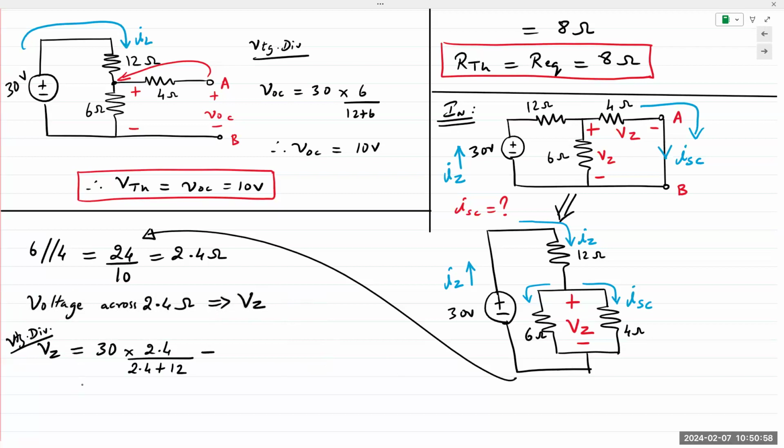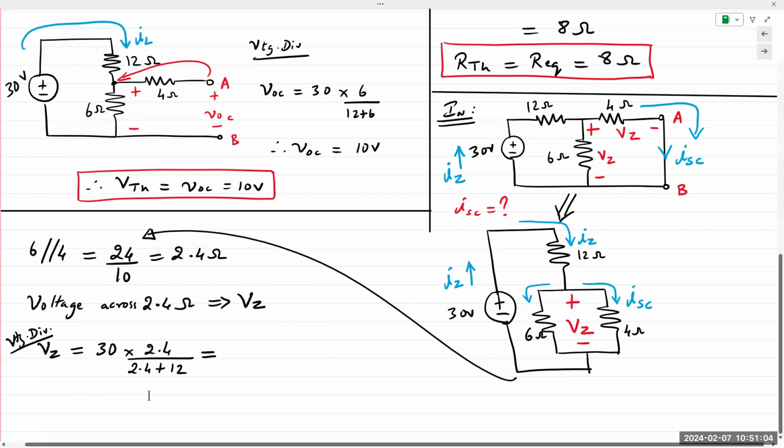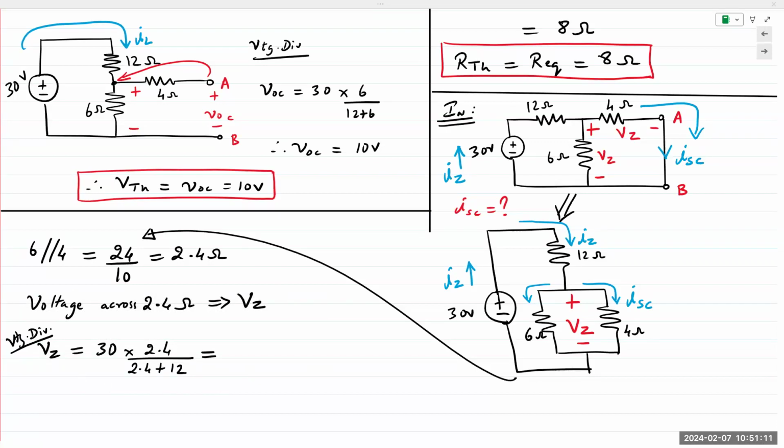And this is, what is this? 2.4 divided by 14.4 times 30. Five volts.